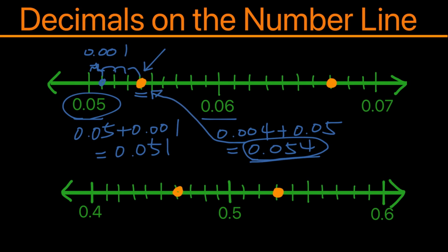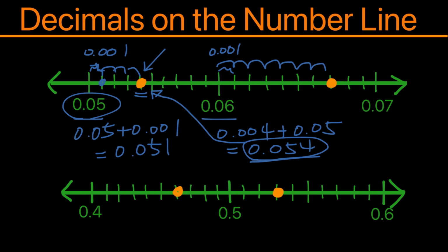Now for the second point, the grid remains the same at 0.001, and let's see how many spaces from 0.06 is the second orange point. So we have 1, 2, 3, 4, 5, 6, 7.